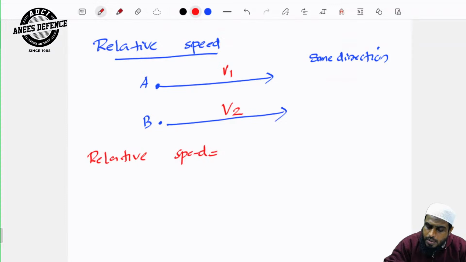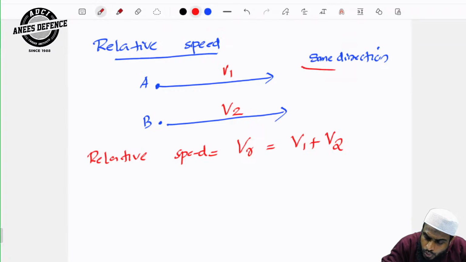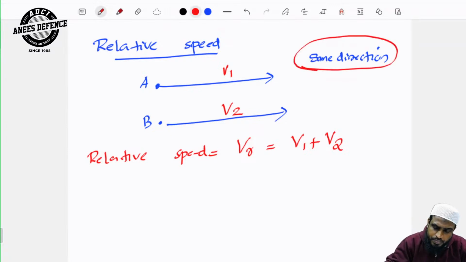Since both are moving in the same direction, if we want to calculate the relative speed, we should add both the velocities. V equals V1 plus V2. So what is the condition? The condition is that both the bodies are moving in the same direction.